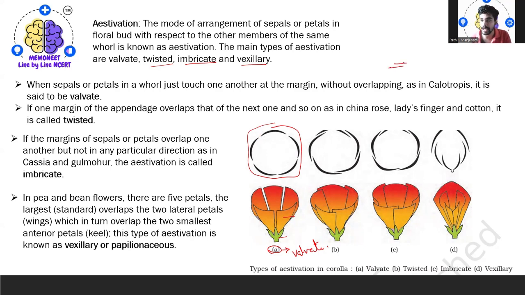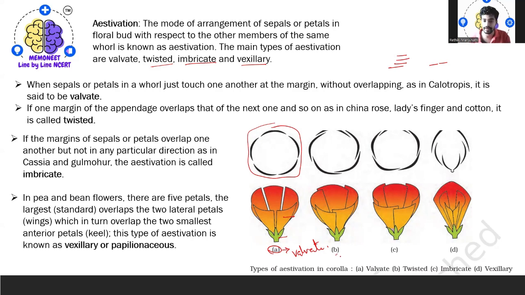They are not overlapping one another; instead they are touching, very near to one another. We call this type of arrangement valvate. This is all about sepals and petals.